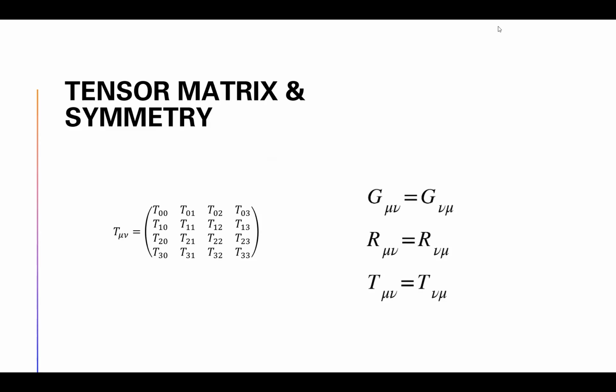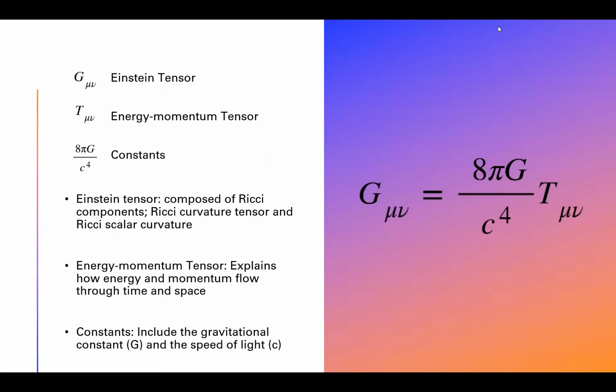T11, T22, and T33 represent pressure. And T12, T13, T21, T23, T31, and T32 all represent shear stress. And then the last aspect of the field equations is the constant, which is composed of multiple constants, including the gravitational constant, G, and the speed of light, c.